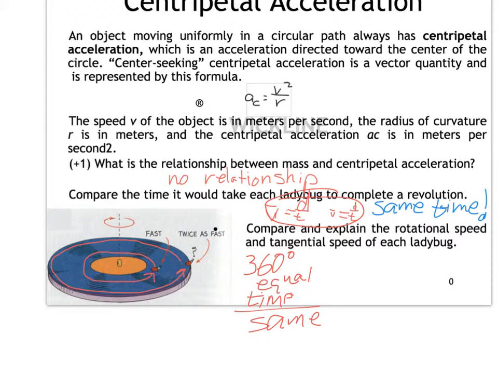But tangential speed is the v bar that we were looking at up here, meaning the motion tangent to the curve. Those two are very different, and the ladybug on the outside has a larger tangential speed.